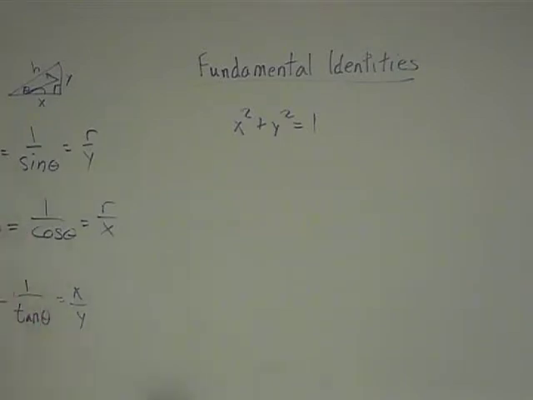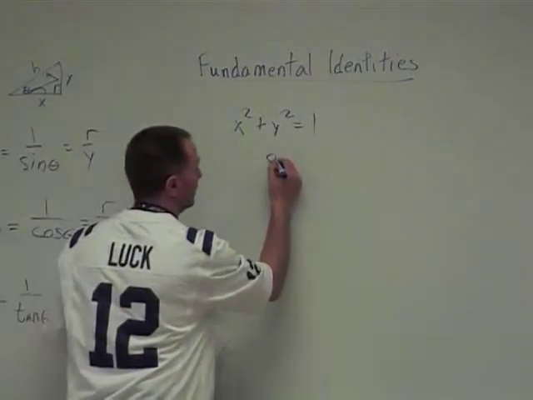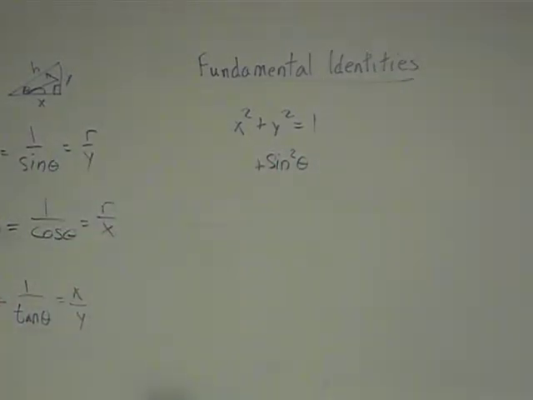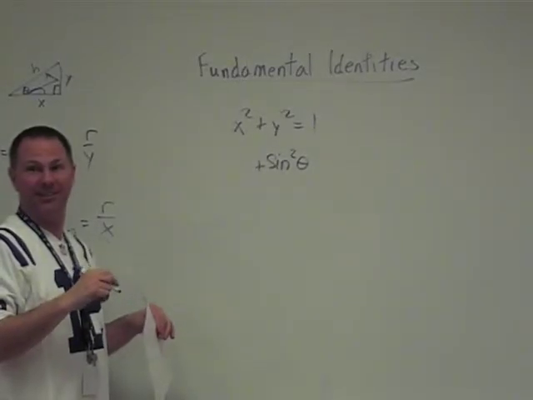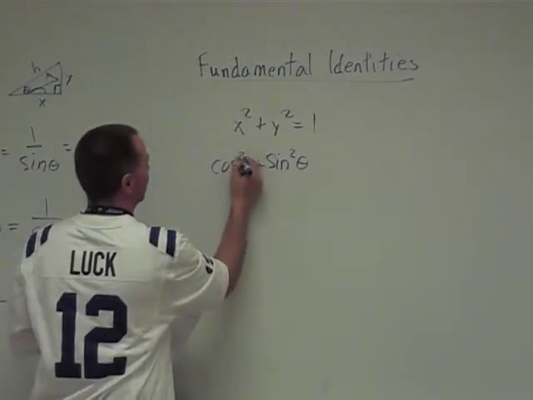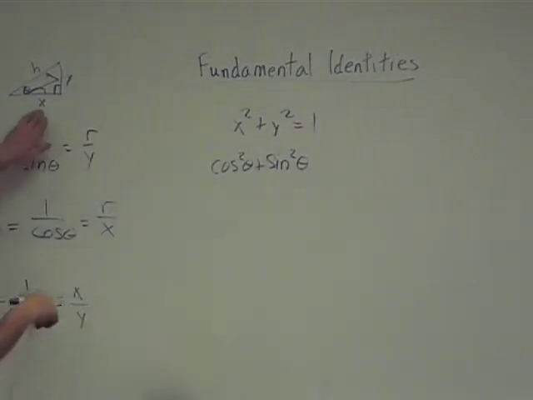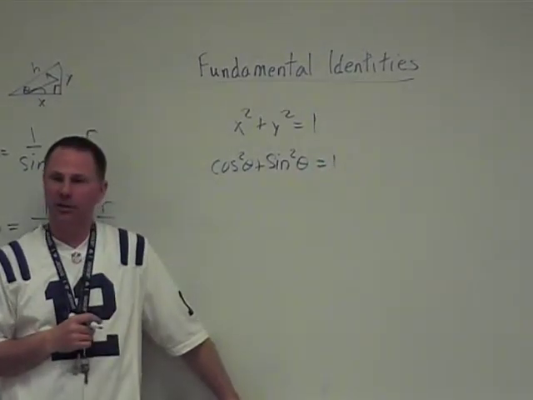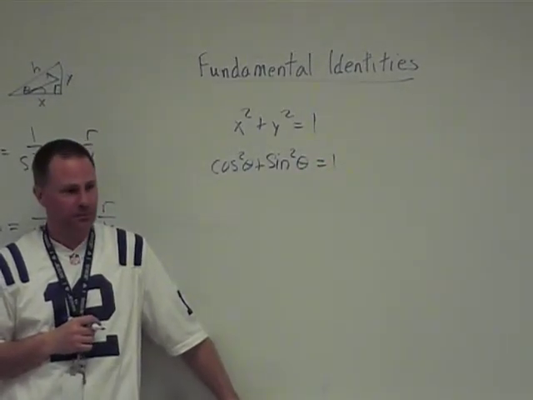And you told me that the sine is y, and you told me x was cosine, right? So really what you're saying is cosine squared plus sine squared equals 1.